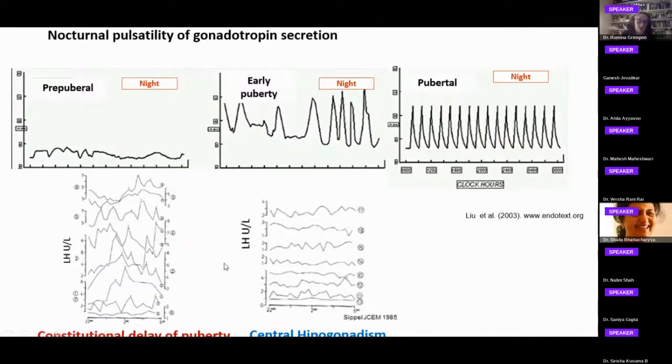Below, you can see a real paper showing the difference between a group of patients with constitutional delay of puberty, where you can see the pulses, in some cases asynchronic, and the absence of pulses in central hypogonadism.